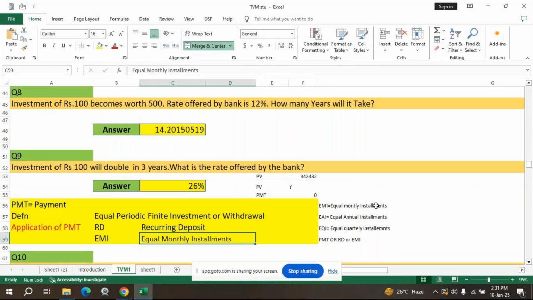So that means EMI, equal monthly installments. If you are paying or receiving monthly, it is called equal monthly installments.